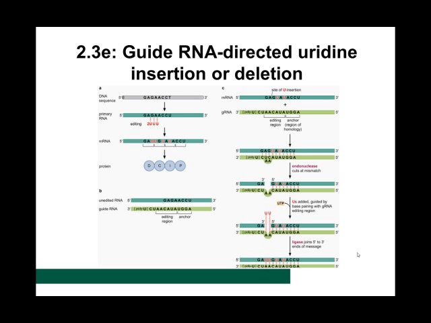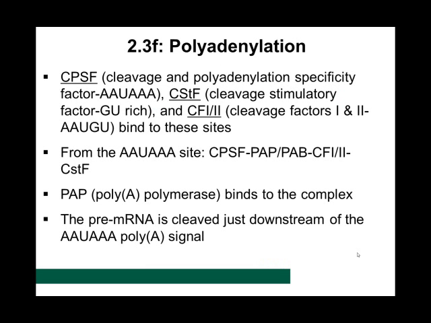Okay, and so deamination of cytosine to uracil and the use of guide RNA to insert uracil residues. Okay, the last one that I want to talk about in RNA modification is polyadenylation. Now, we also say again that the C-terminal domain recruits capping enzymes first.